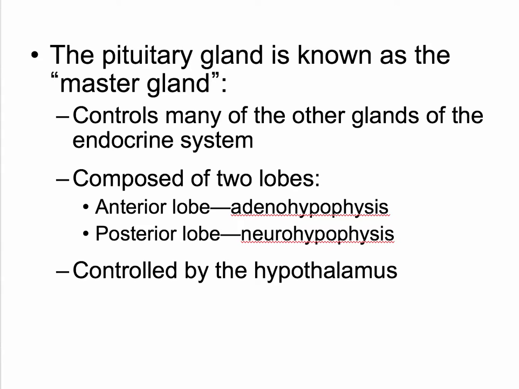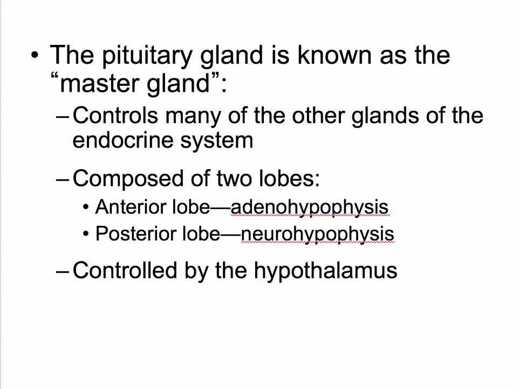The pituitary gland, because it controls all the endocrine organs, is called the master gland, and it is in the brain. There are two areas of the pituitary gland, the anterior and posterior lobe. And if you remember from anatomy, the anterior lobe is very similar to the mucosa that makes the oral cavity.